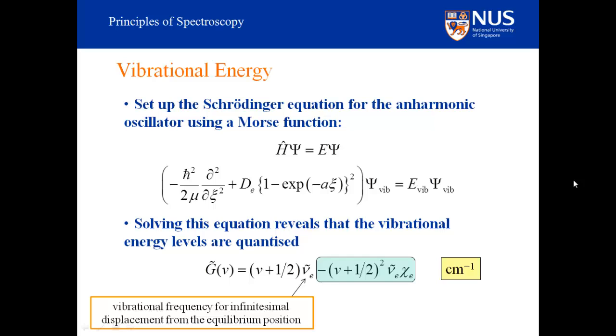It is a kind of hypothetical frequency because we can't be at the bottom of the potential energy well. This chi e is what is known as the anharmonicity constant, because essentially it is this term which is defining the perturbation we are applying to our harmonic problem to take into account anharmonicity. The chi e itself is unitless, but the product with nu e, of course, has units of wave numbers.